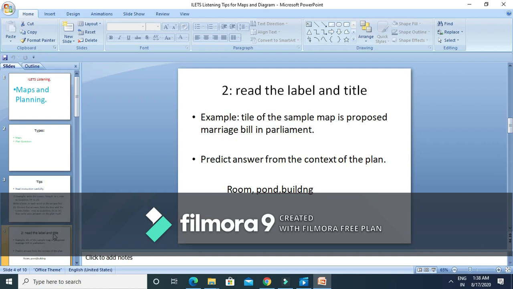For example, they may talk about rooms, so in the given map you have to find the location of different rooms or a pond, or a building, etc. So tip number three says you have to read the label and title. Once you read the label and title, you'll get a basic idea. All right, so let's move on. It's very important.